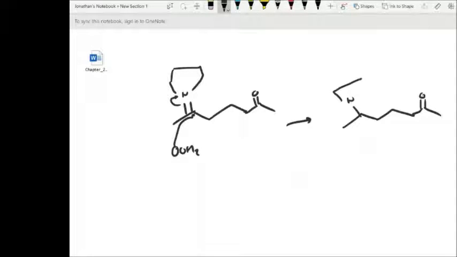Nitrogen, and OH2. That's going to get deprotonated once. Another water is just going to take one of those hydrogens, give that guy his bond back.